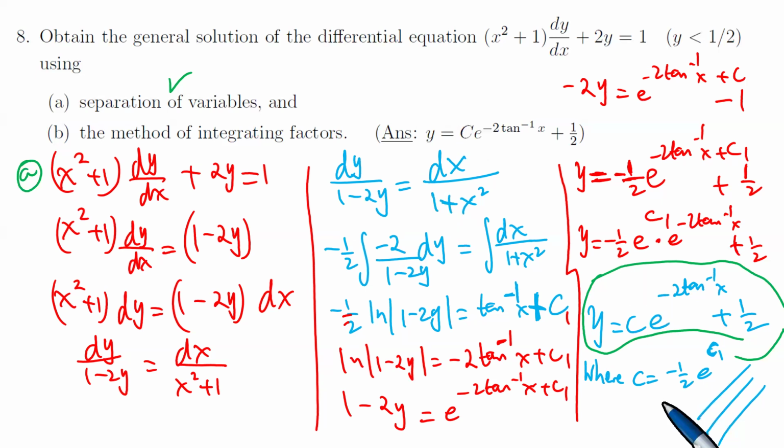Good. Where did you get 1/2? Okay, because the 1/2 you can see it's in the answer. We got 1/2 because when we were at this point here, we divided by -2 both sides, because this minus 2y was there, and then you had e to the that.